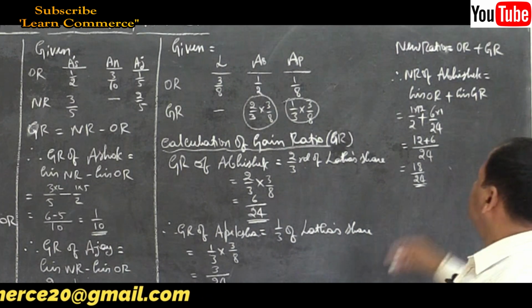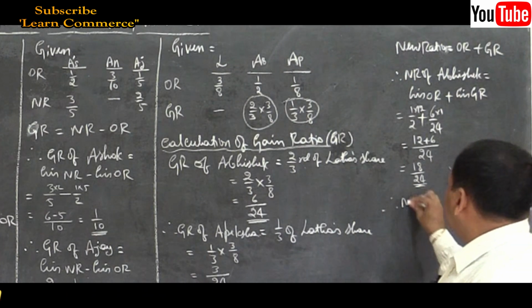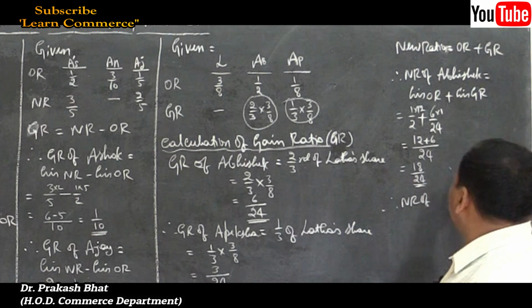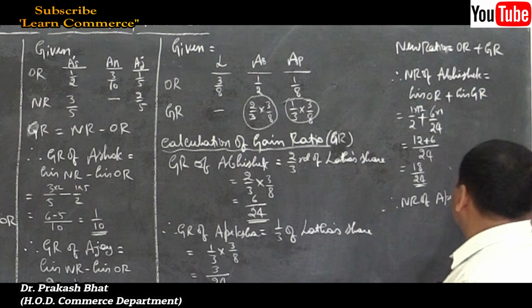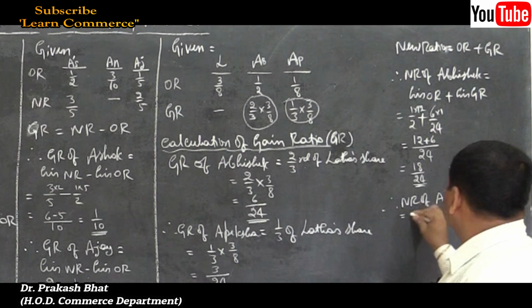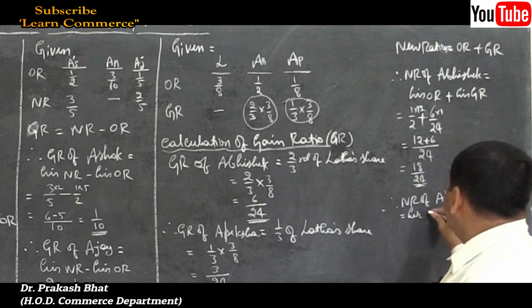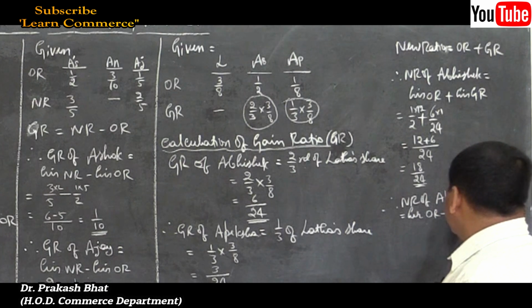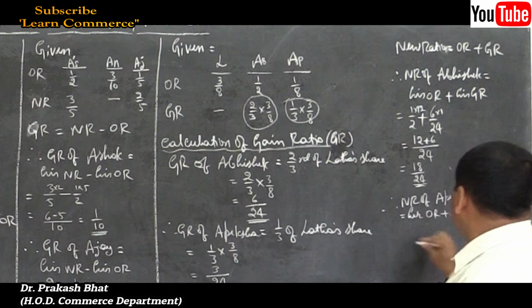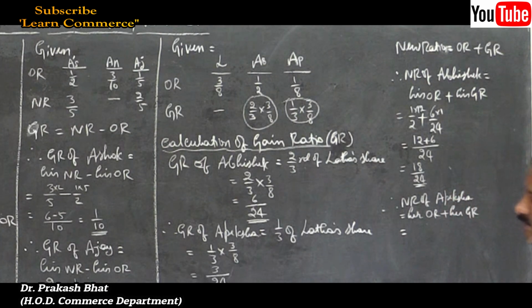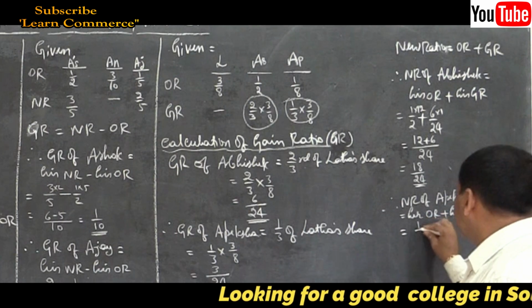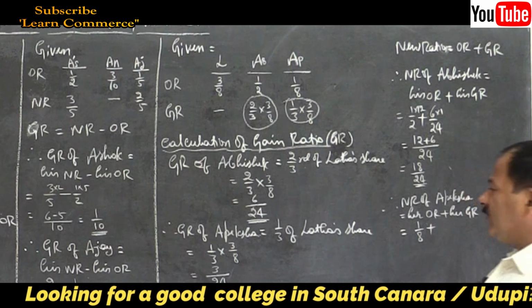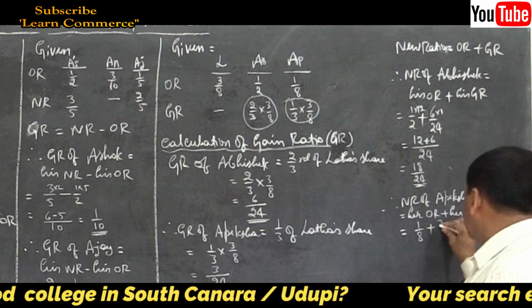Yes. Therefore, NR of Apeksha is equal to her old ratio plus her gain ratio. Her old ratio was how much? 1 by 8, correct? Plus the gain ratio we have calculated, 3 by 24.